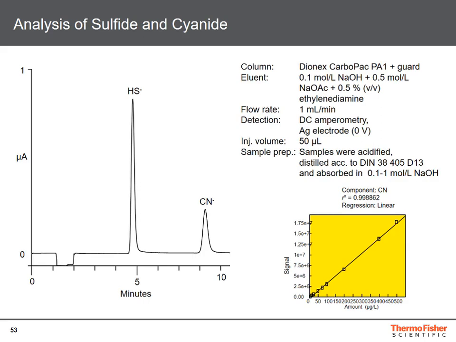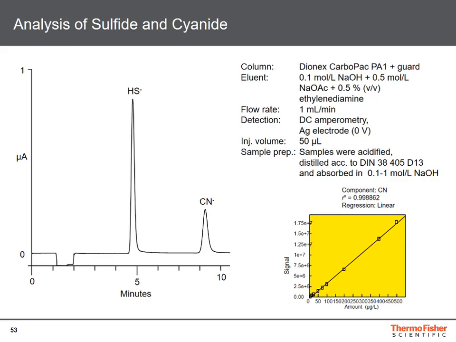The mobile phase also contains a small amount of ethylenediamine to chelate ultra traces of transition metals in the mobile phase. The electrochemical oxidation takes place at a silver working electrode when applying an oxidation potential of 0 volts.